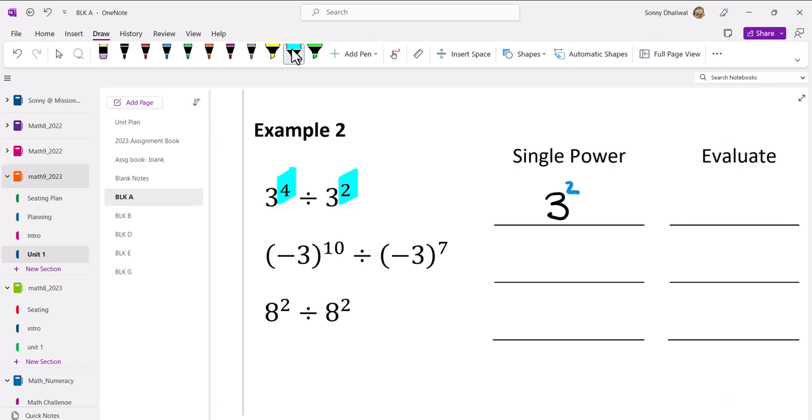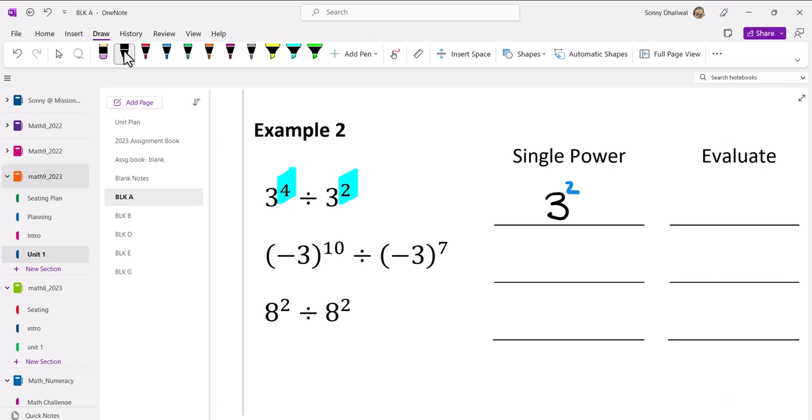Okay. Next one. Right here. What should the base be? What should the exponent be? Are the bases the same? Yep, they're the same. In our final answer, does the base ever change from what we started from?